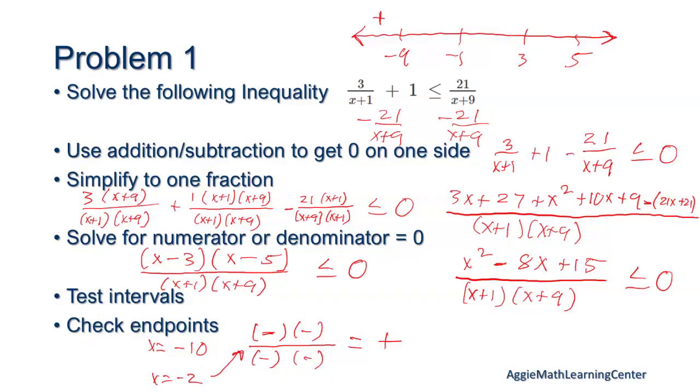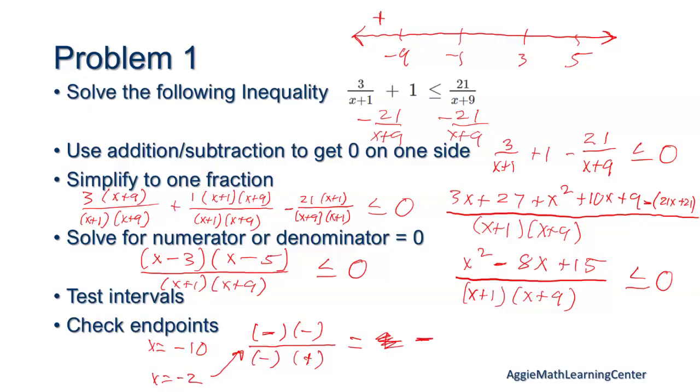Negative 2 minus 5 is negative 7, so that's still negative. Negative 2 plus 1, that's also negative. And then negative 2 plus 9, that becomes a positive. And so when you have 3 negatives, you'll have a negative.